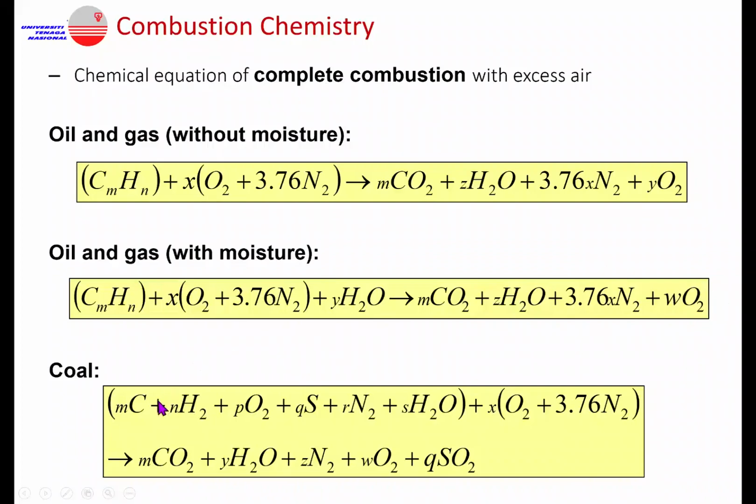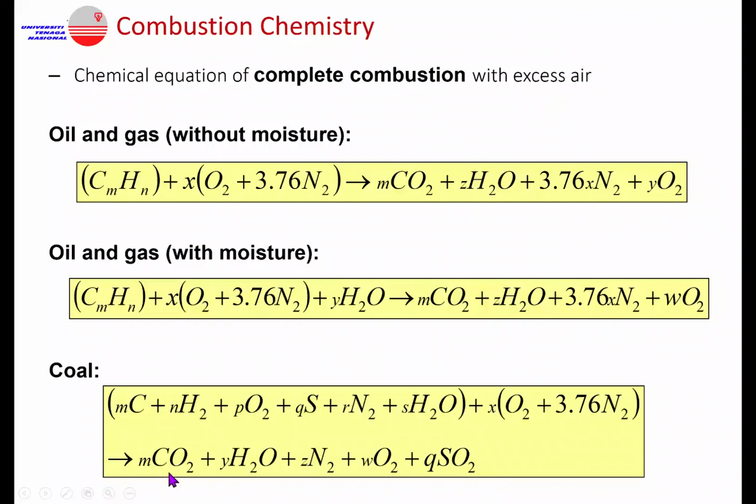Okay, and for coal, it is kind of complex because the coal composition has many components. You have carbon, hydrogen, oxygen, sulfur, nitrogen, and water. So these are all in our coal. Coal plus air equals the product. Remember, we have excess air combustion.